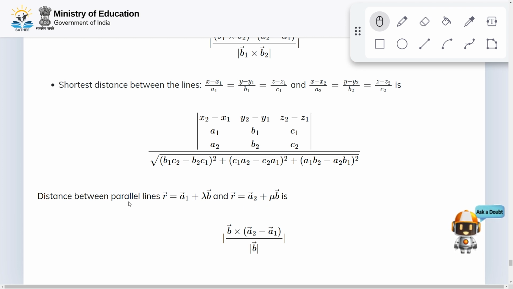You all know that whenever you have two parallel lines, the b vectors must be the same, or scalar multiples. Here the distance will be the magnitude of b cross a2 minus a1, divided by the magnitude of b. Okay, so this is it.